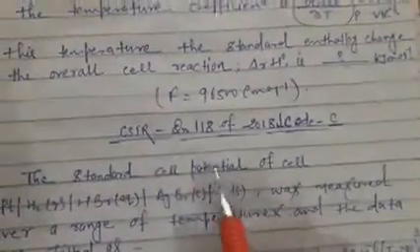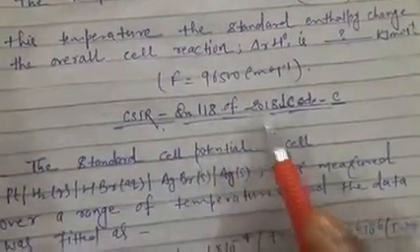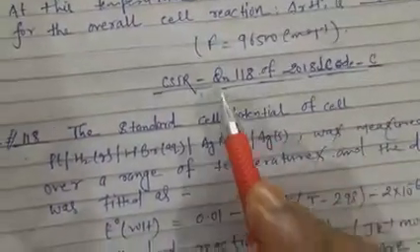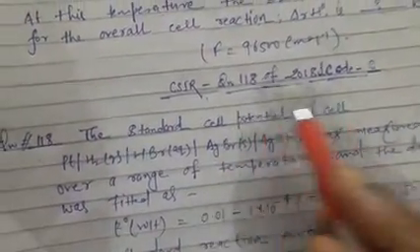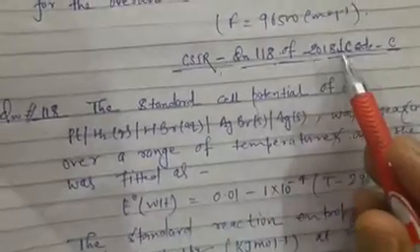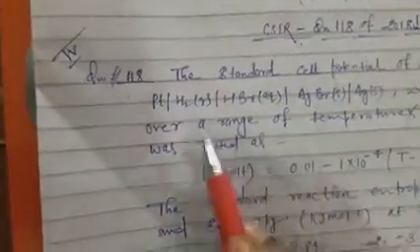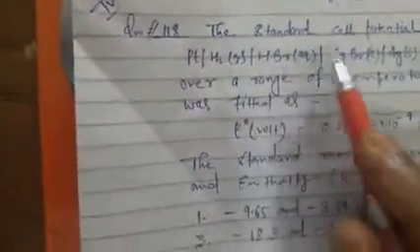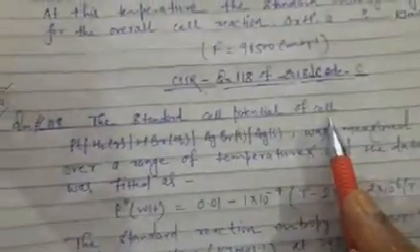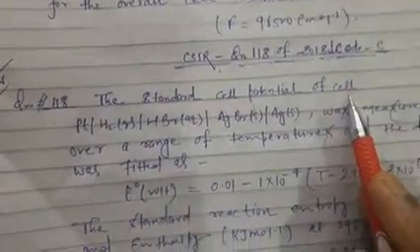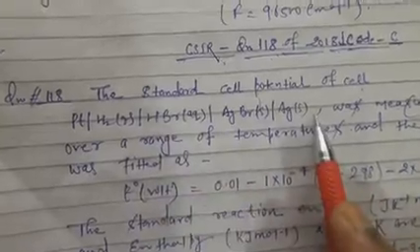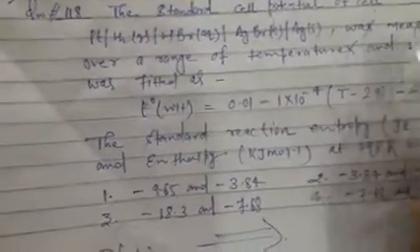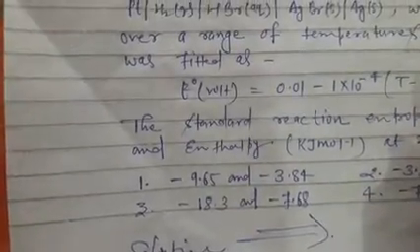Now, the CSIR question 2018, that was question number 118 of code C in July exam. The standard cell potential of one cell is given here, was measured over a range of temperature and the data was fitted as.